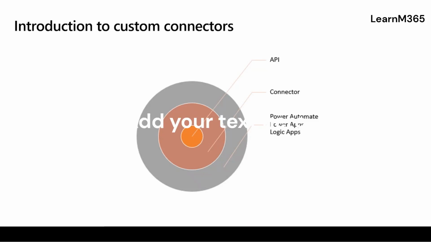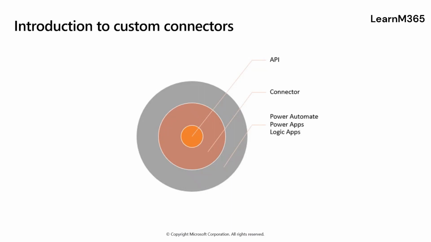So what is the importance of connectors? Basically, connectors help make it easier for app and flow makers to connect with other apps, data, and devices in the cloud. How? Because connection is done in a consistent, repeatable way that is discoverable by makers, right? In addition, it also helps with the actions that allow makers to control when an operation is performed.